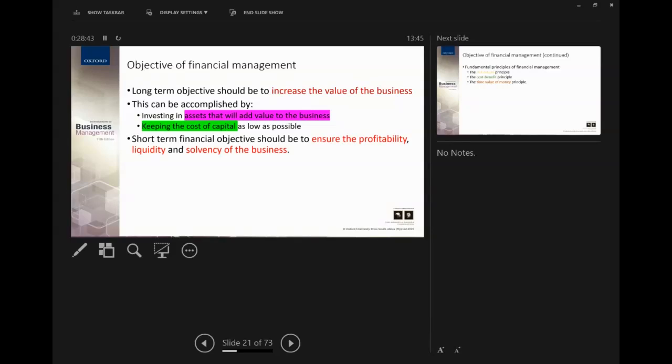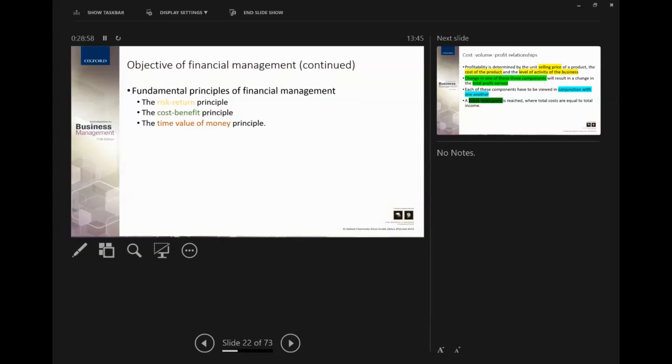Here they say short-term finance objectives should be to ensure the profitability, liquidity, and solvency of the business. Those terms we will chop up before we get to the end of financial management, but we obviously won't do that today necessarily.